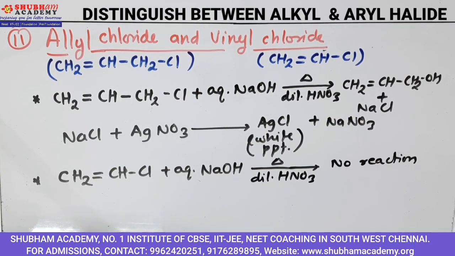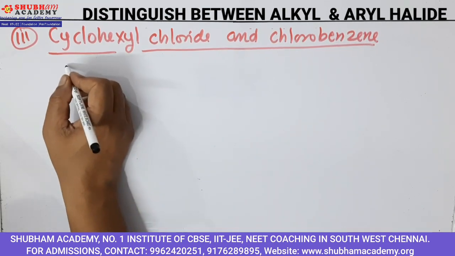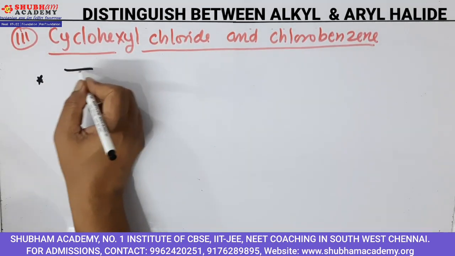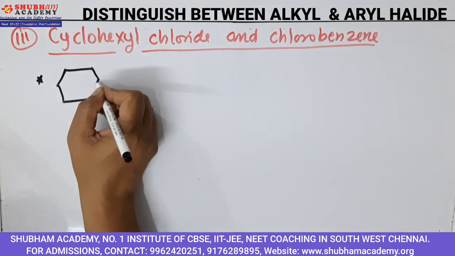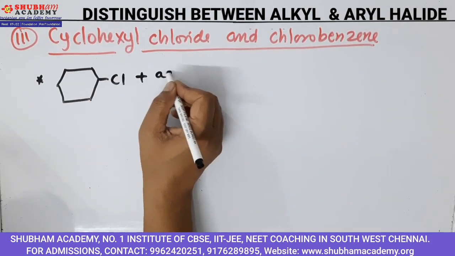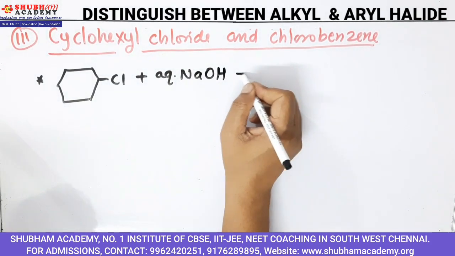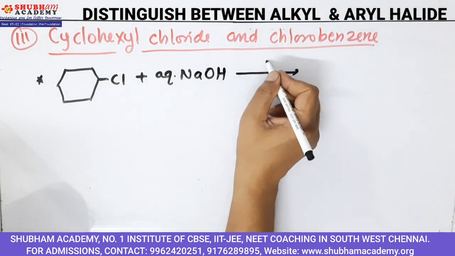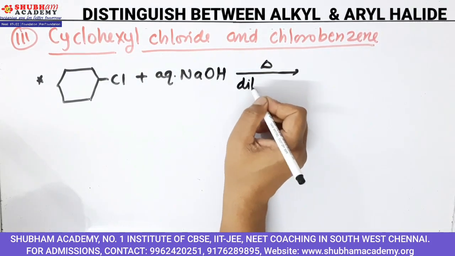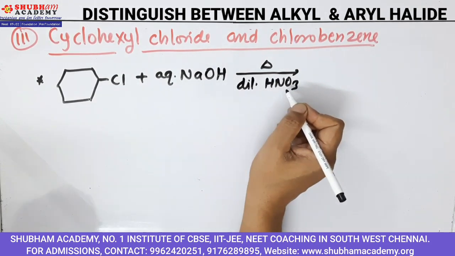Now we will try to distinguish cyclohexyl chloride and chlorobenzene. So cyclohexyl chloride is this one. When you are treating this with aqueous NaOH, heat it, add dilute HNO3, okay.